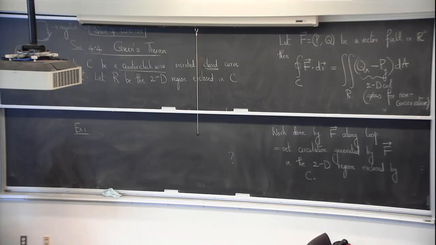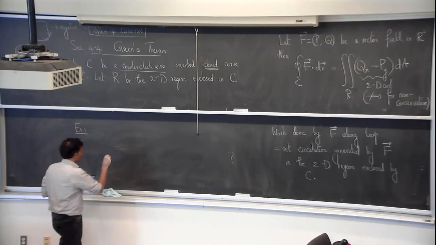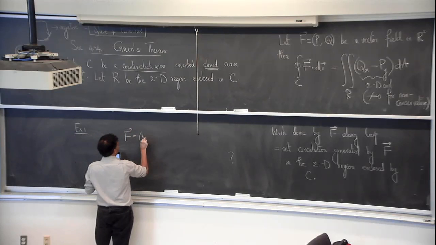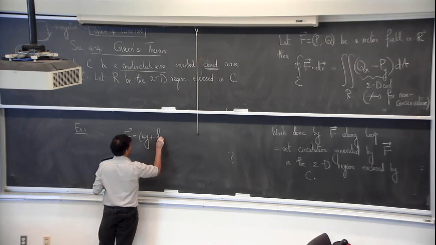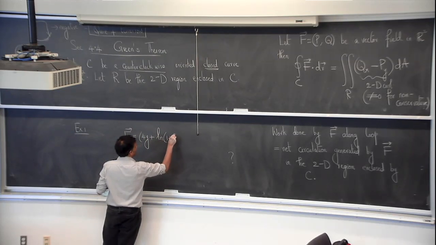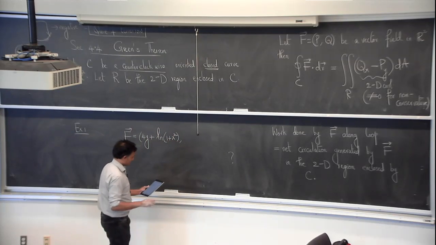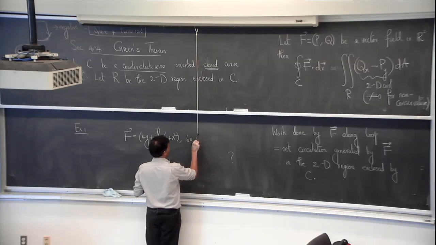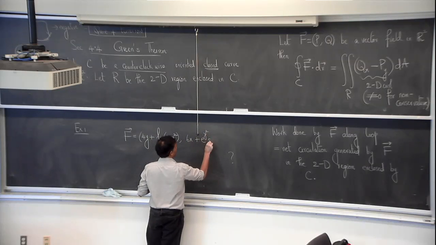Suppose we have the following vector field F equal to 4y plus the natural log of 1 plus x squared. Now you see all kinds of bad things coming into this vector field. 6x plus e to the power of y squared sine y.